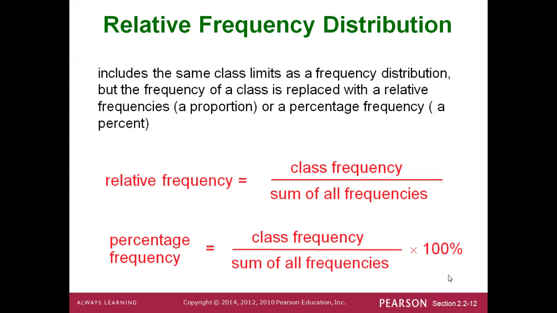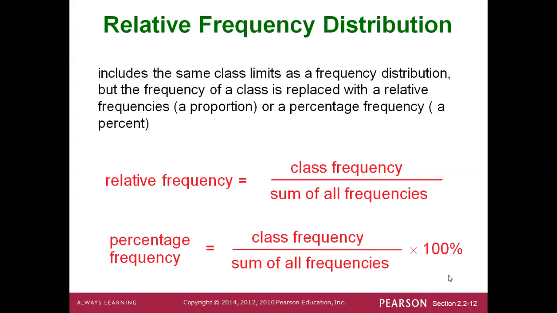Relative frequency distribution. Okay, so this is something we're going to calculate over time as we're doing some problems. It's one of the things that you're going to have to do. This is a little bit of math, but it's not hard math. It includes the same class limits as the frequency distribution, but the frequency of a class is replaced with a relative frequency, or a proportion, or a percentage frequency.